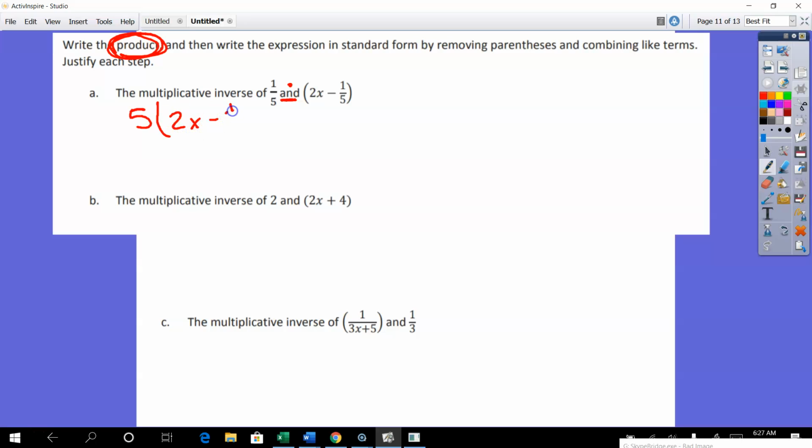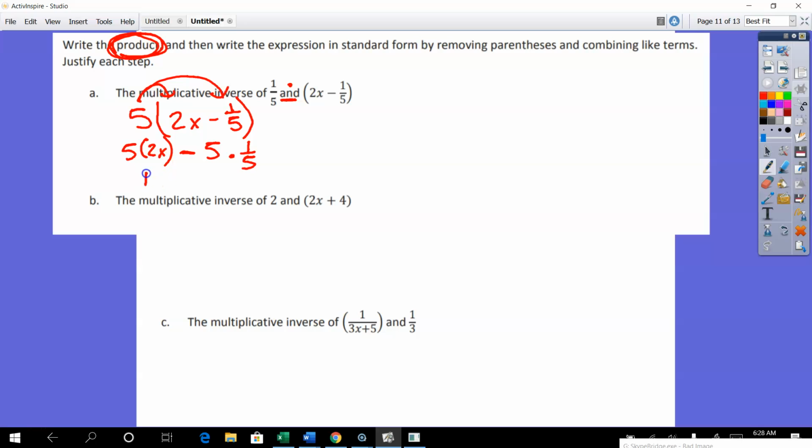2x minus 1/5. And you're welcome to write the dot there. This is just how we will always see it. Okay. So we're going to do the distributive property. So 5 times 2x, I'm just going to write it out while we're working, and then we have minus 5 times 1/5.